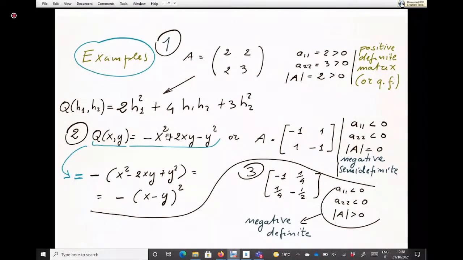So just look at the elements in the main diagonal, they are -1 and -1 here, and then you have to take half this mixed coefficient, and this is the element in the other diagonal, okay? Here the determinant is 1 minus 1, 0. It doesn't fit in the definition of negative definite, but it does fit in the definition of negative semi-definite, okay?